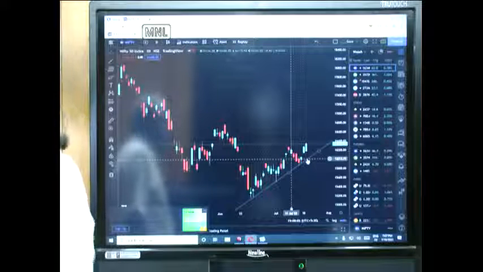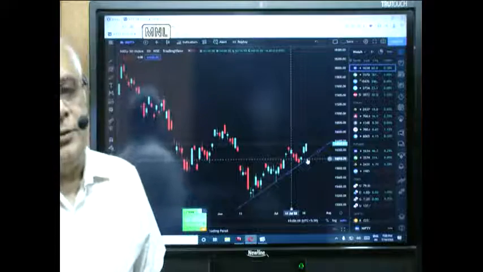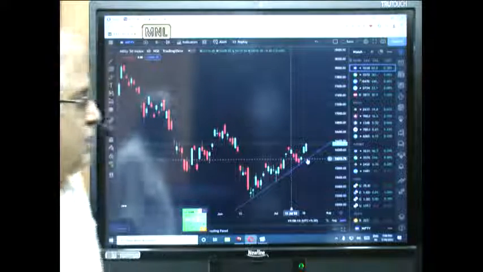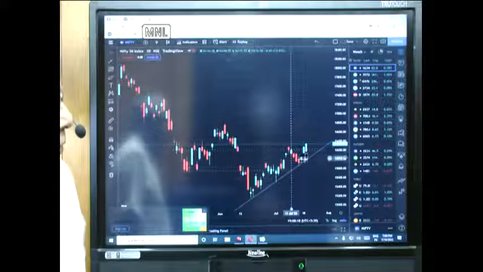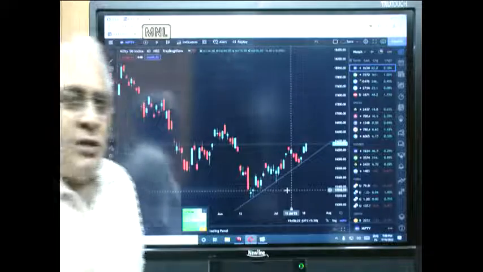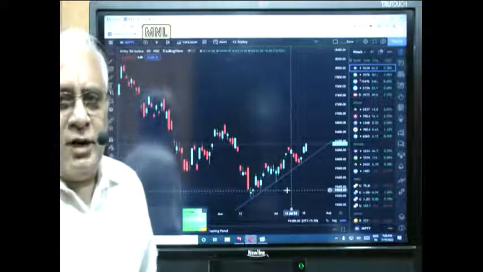So it is very clear that you can keep the big stop loss at 16,000, because we have seen that this sloping trend line has not been broken ever since the rally started from 15,175 or 15,200 levels.